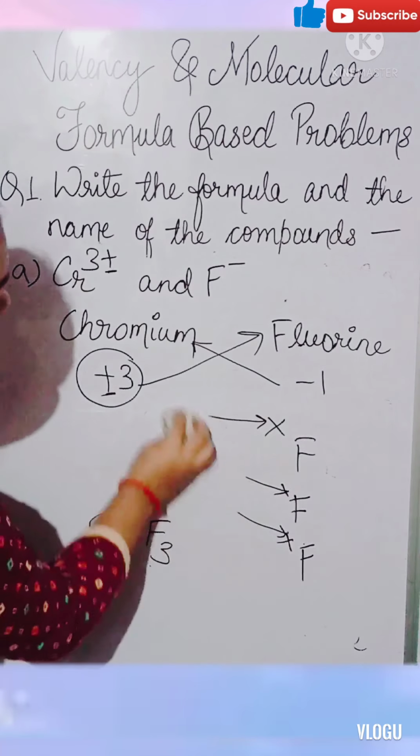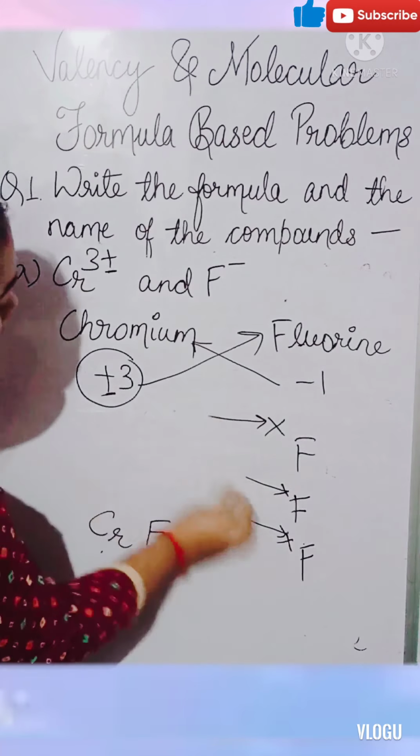Suppose you are not following this one trick, you can just see this one diagram, and through this you can determine that you are giving this +3 to fluorine and this -1 to chromium. So the formula will become chromium -1 F +3, and here we do not write symbols, so the formula will become Cr1F3, and I have already told you that 1 is not being written here, so the formula only will become CrF3.